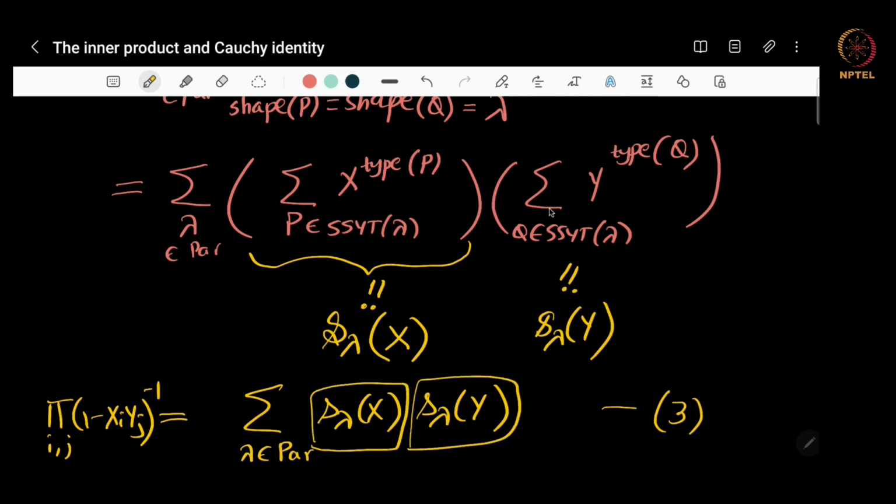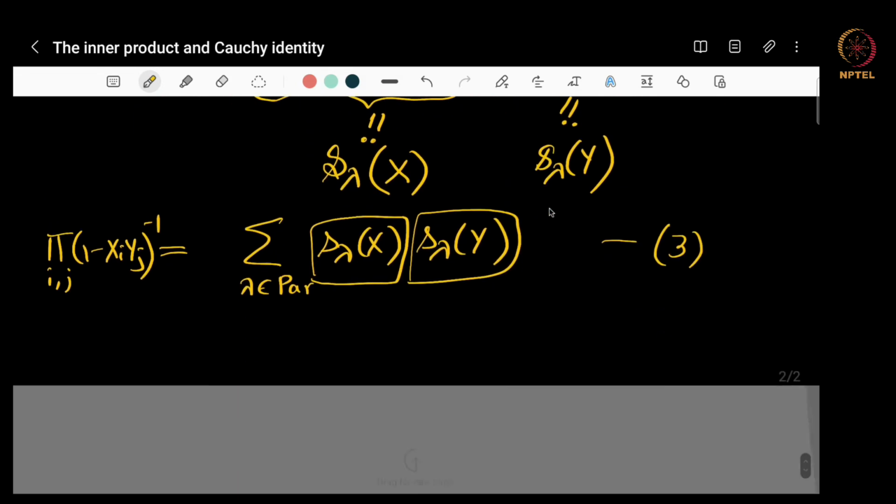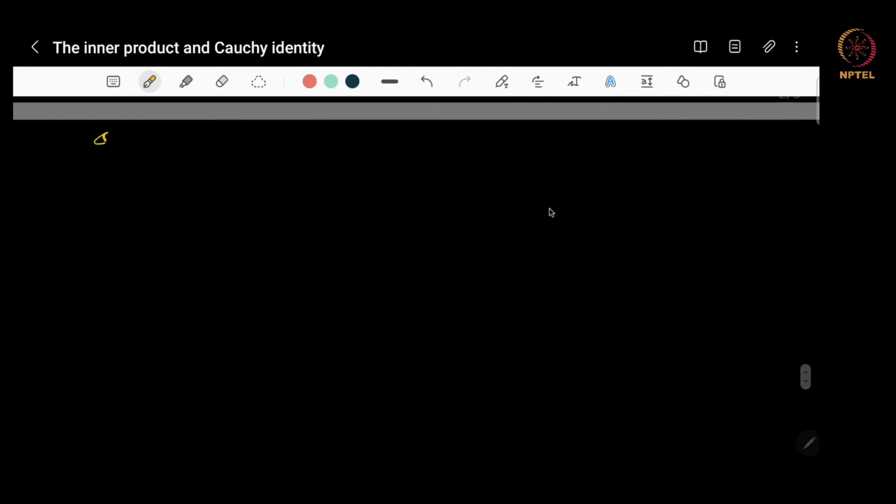The Cauchy product is a sum over all partitions of some family of polynomials u lambda of x times some other family v lambda of y. Okay, and this is sort of the starting point for the definition of an inner product on the space of symmetric functions.